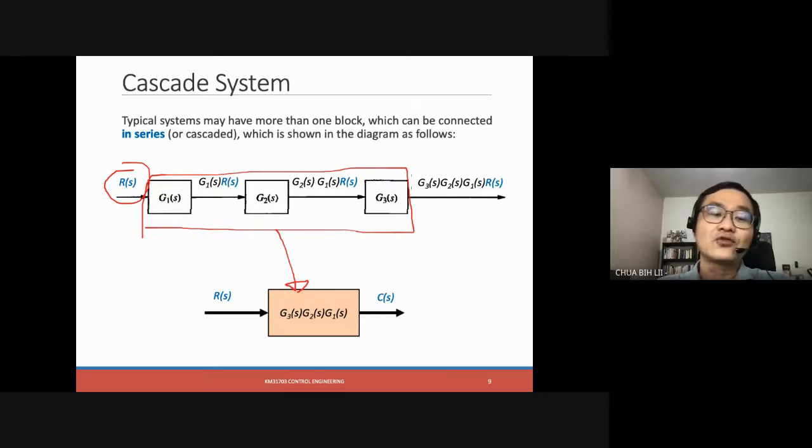Basically, you just multiply all these transfer functions together into one. The input multiplied by these transfer functions will give you the same output as when you separate them into the cascade series of the block diagram.